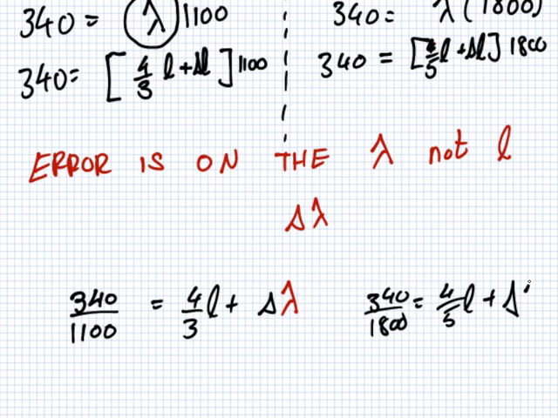Delta lambda. I need to get it clear in my head that the error is on the wavelength, not the length of the pipe. Because you can measure the length of the pipe exactly. I should have been saying the error correction, the E, is on the measurement of the wavelength, not the measurement of the length of the pipe.